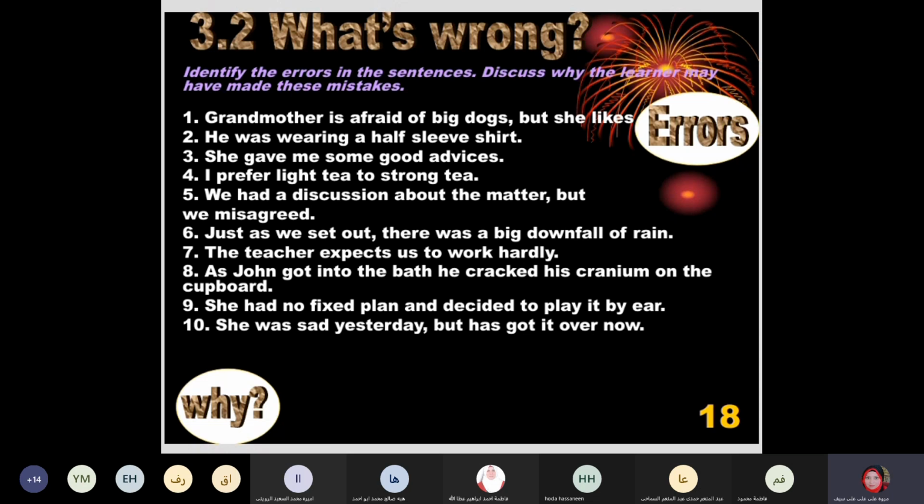We have to add countable words, like the word piece, which is used to count. So this is a grammatical error and has to do with overgeneralization. The learner just generalizes the rule of forming the regular plural, but this is not a regular plural because it's an uncountable noun.